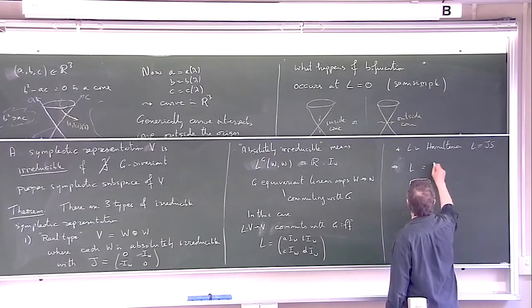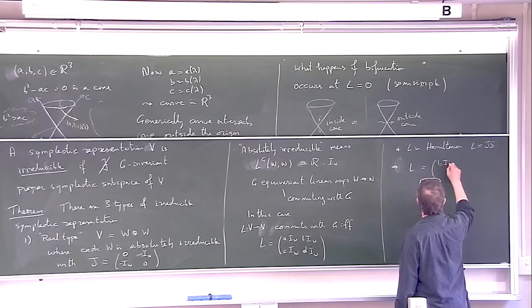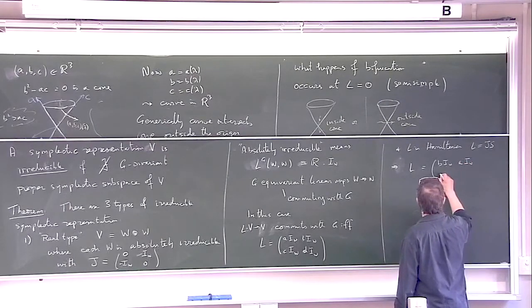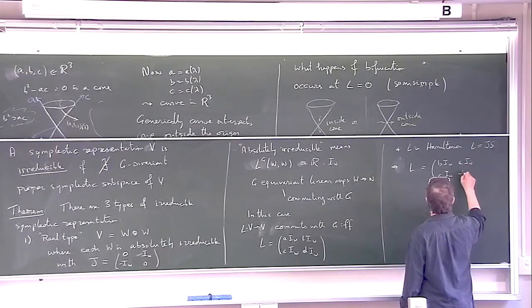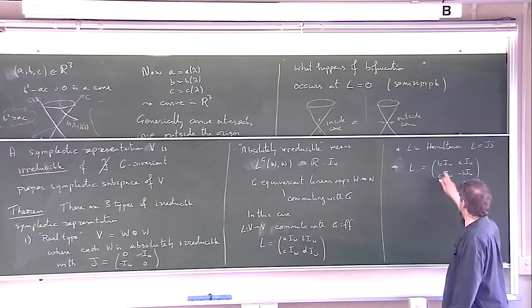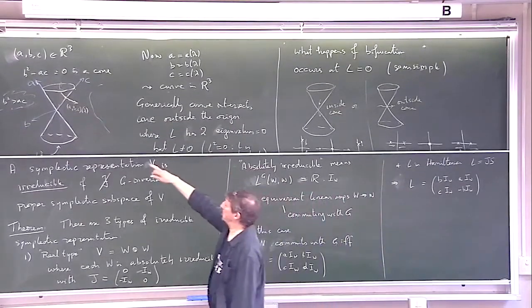L is a bit like, I'm going to change the, so I'm using the same letters A, B, and C as I had when I was talking about this case.